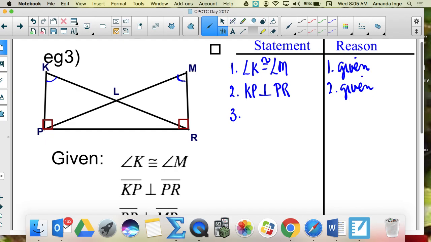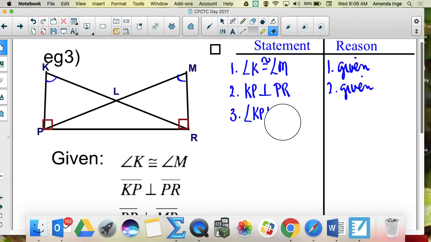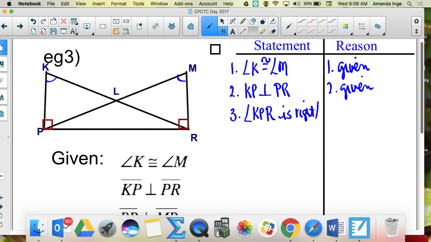So we know that angle KPR is a right angle, and we know angle MRP is a right angle, and that would be definition of perpendicular lines.